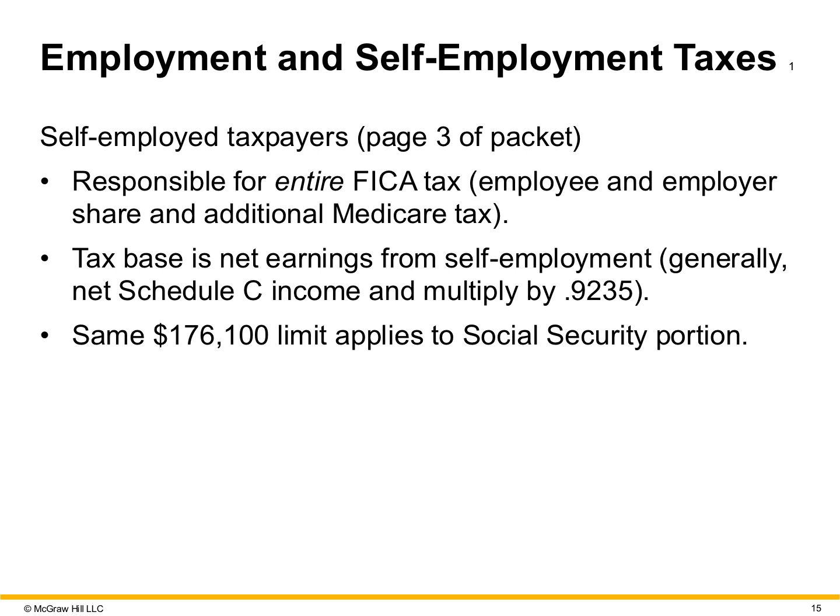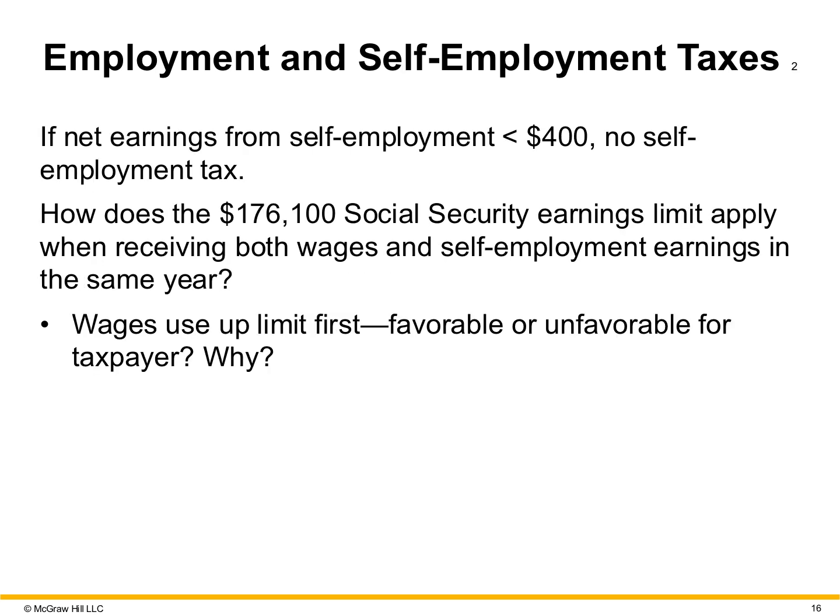For most filing statuses, that threshold is $200,000. For married filing separately, it's $125,000, and for married filing jointly, it would be $250,000. It is also important to note that if a self-employed taxpayer has net earnings from self-employment that are less than $400, then there is no self-employment tax to be calculated.